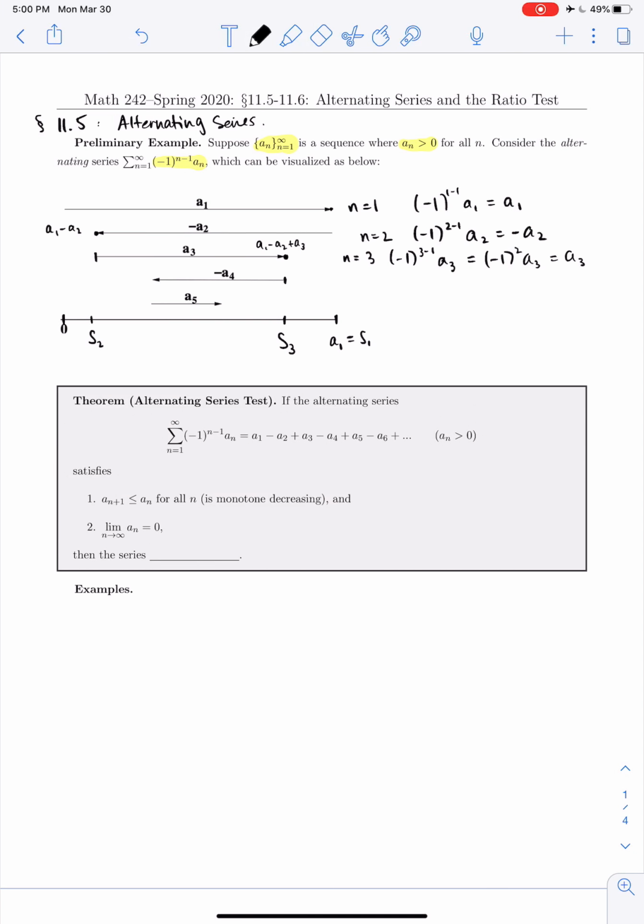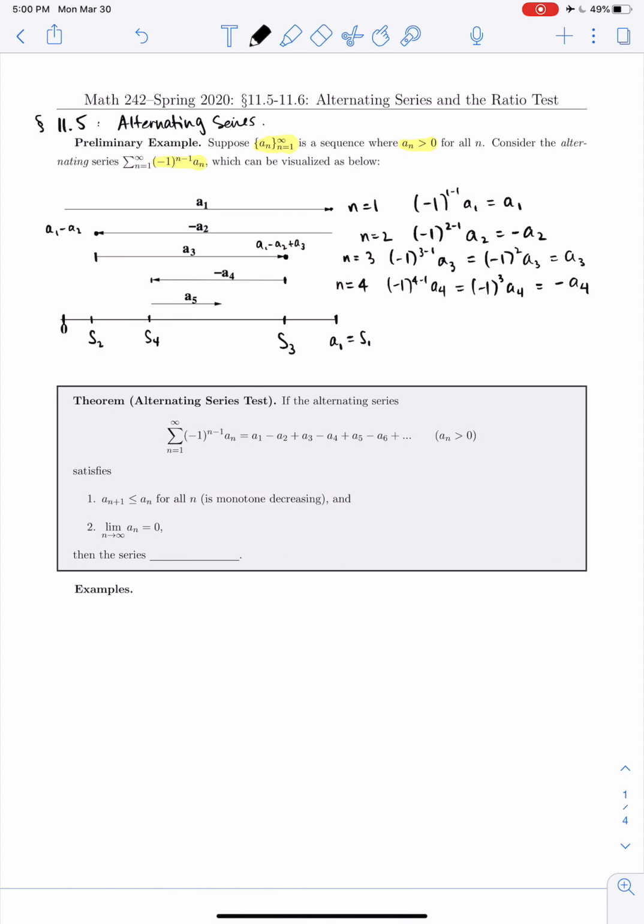Similarly, from that point, if you then add your next term in the series, that is -1 cubed times your fourth sequence term, and that's a negative a4. So you're adding a negative a4 to the previous three terms. That's going to land you over here. So there's your fourth partial sum.